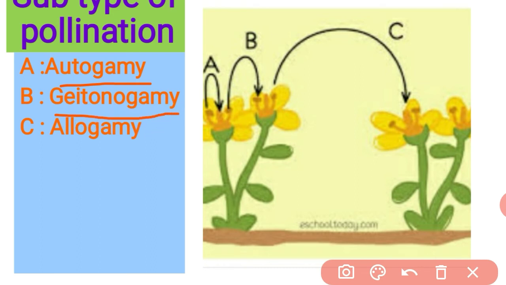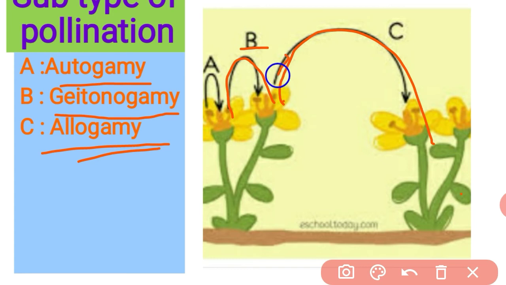Geitonogamy means the pollen grain is transferred from the anther to the stigma of another flower but in the same plant. And allogamy means the pollen grain is transferred from one flower to another flower in another plant. This process is called allogamy.